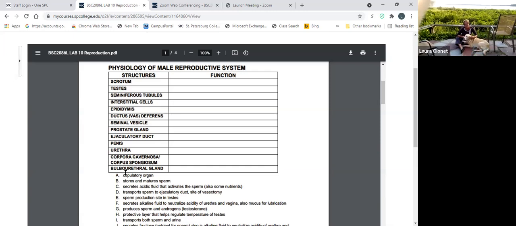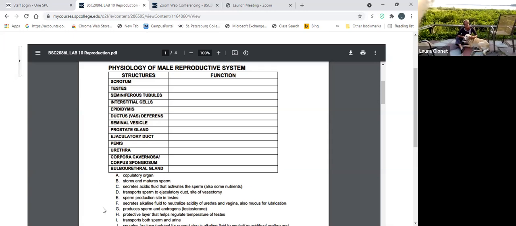All right, A, copulatory organ, that is the penis. B, stores and matures sperm. That would be your epididymis. Then we have C, secretes acidic fluid that activates the sperm.